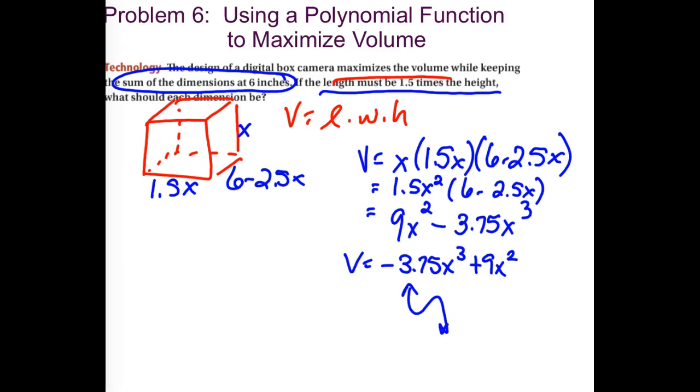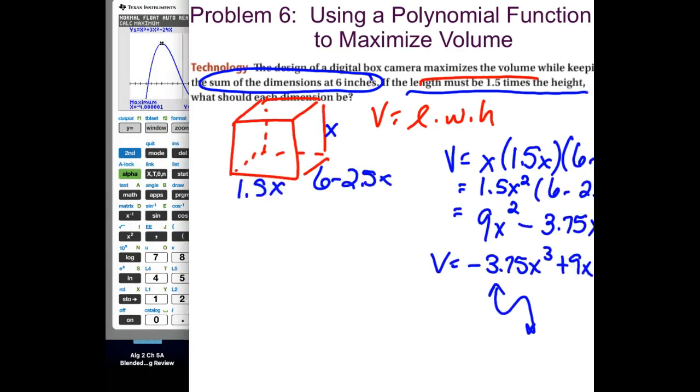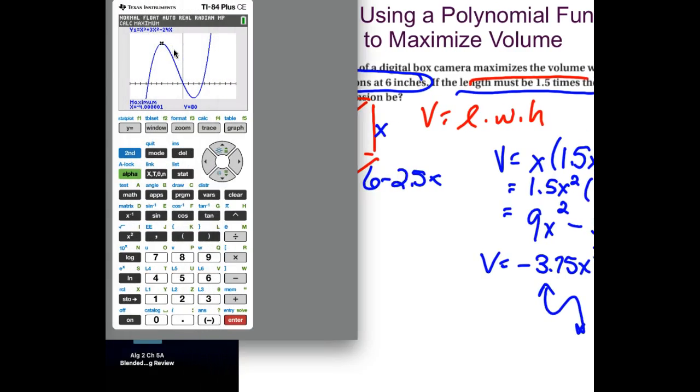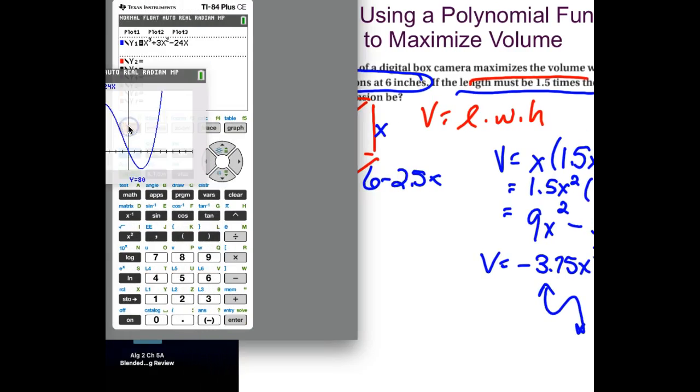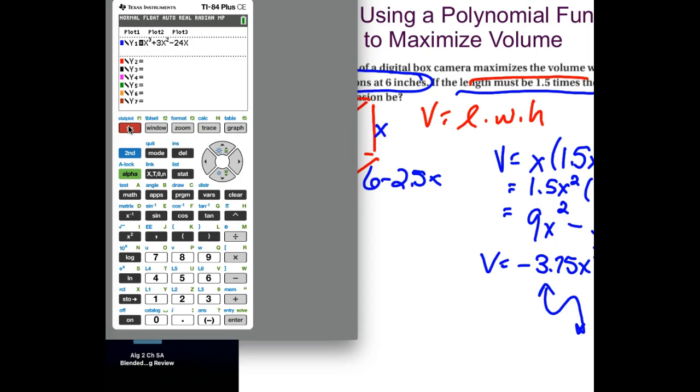Go to your calculators and type that in. Negative 3.75 x to the third plus 9x squared. Again, I'm going to do a zoom 6, restart my window at its normal size.